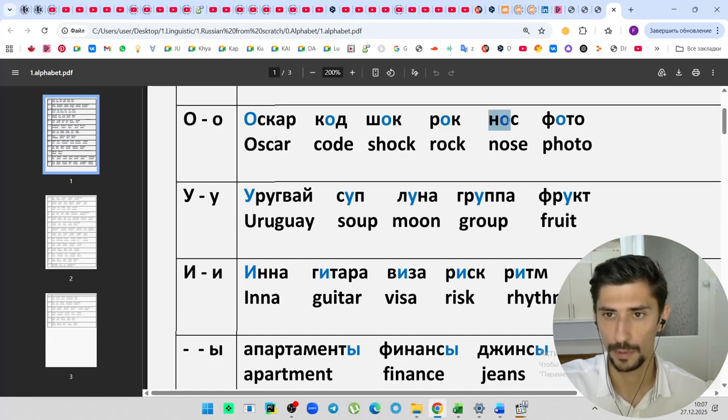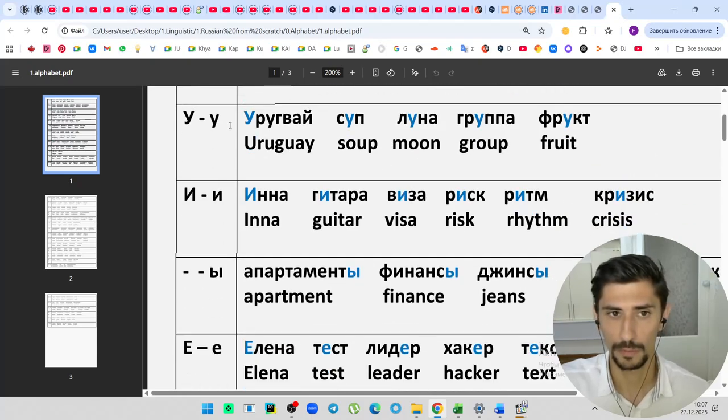Next example, we have this letter. In English it could be like S or K, but in Russian it's always like S, so it would be nos. Nos. The next example starts with a letter pronounced like F. Photo.